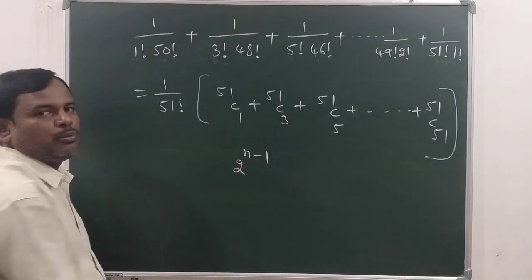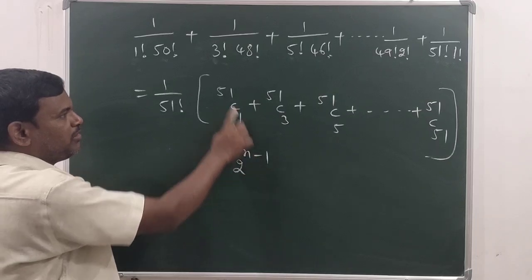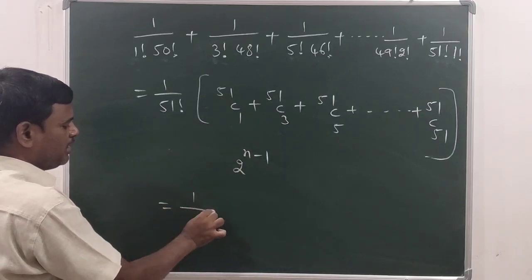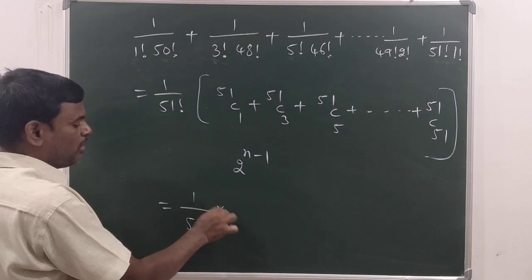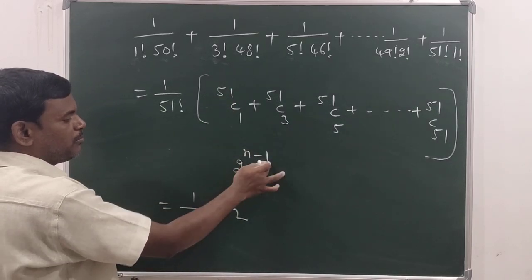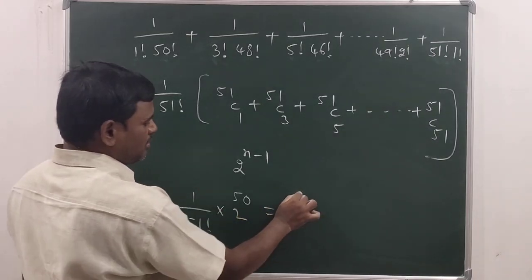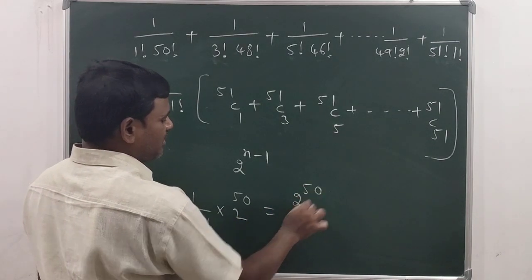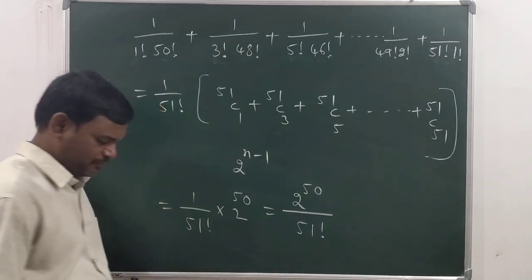Here n value is 51. Now substitute n value 51 here, so that you will get 1 by 51 factorial into 2 power 51 minus 1, 50. So this is your required sum for the given series, 2 power 50 by 51 factorial.